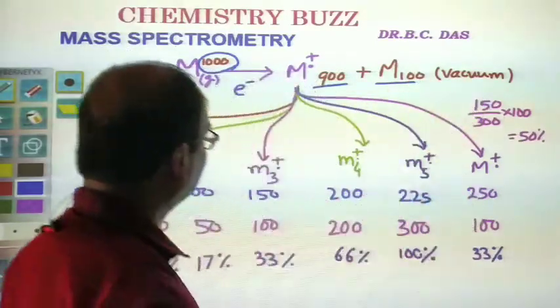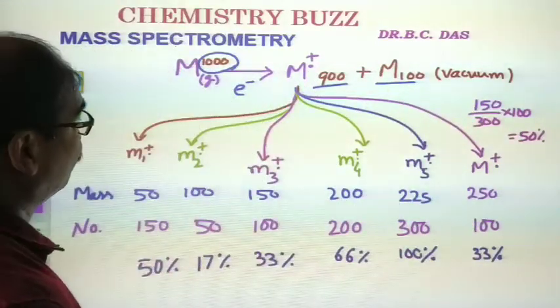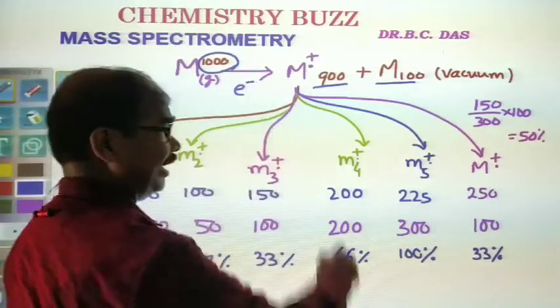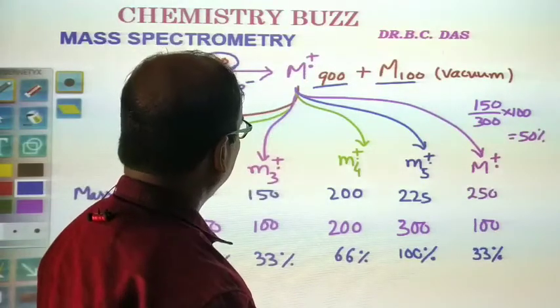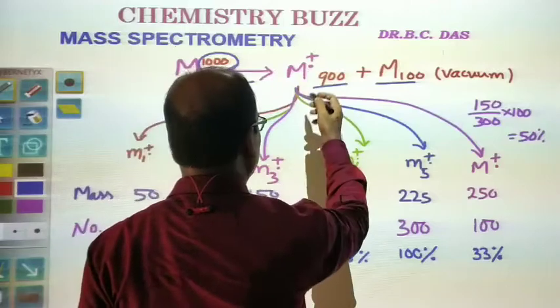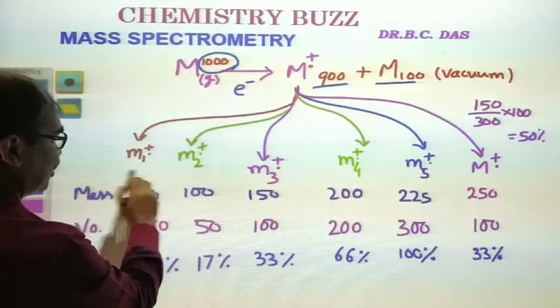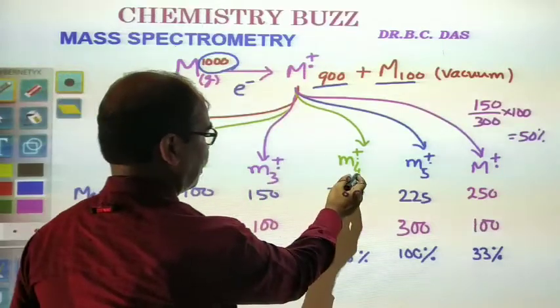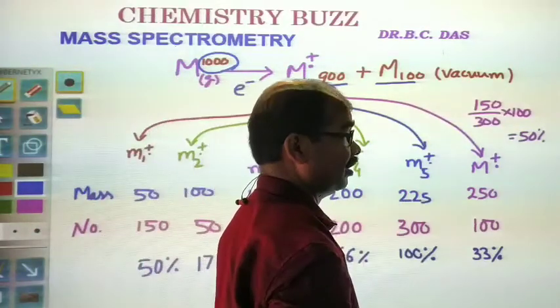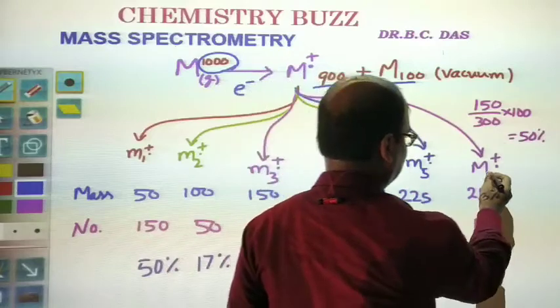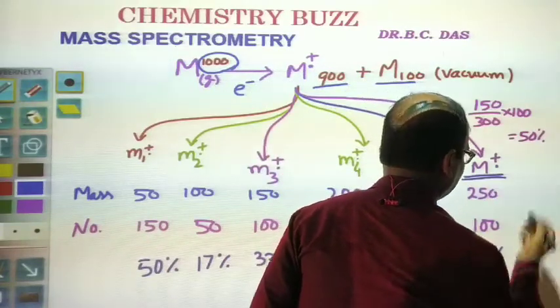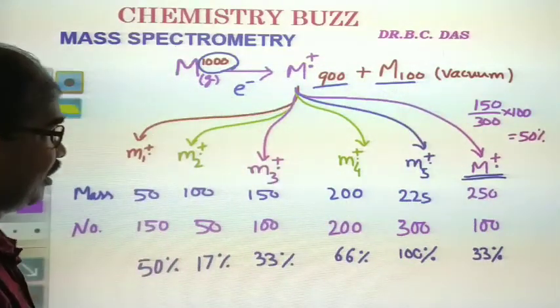I have already explained. Due to the high energy of the electron beam, say this molecular ion fragments into M1 plus, M2 plus, M3 plus, M4 plus, M5 plus, and some of the radical cations remain as such.